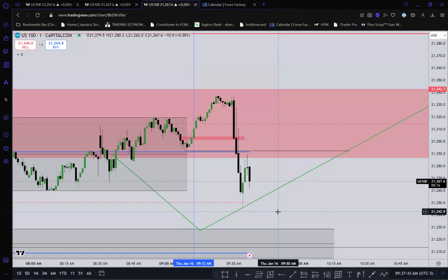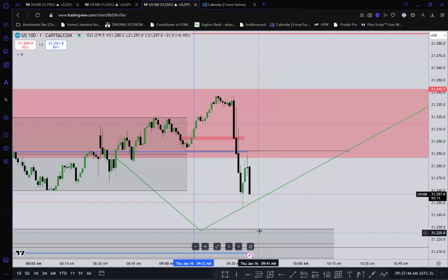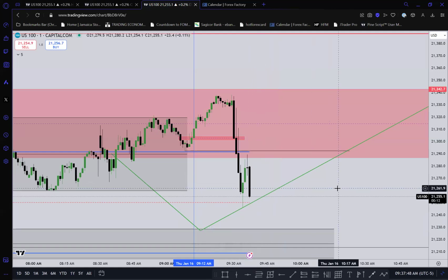M1 is dancing, but I trust that the order block is stronger. Oh, there's my 20 points, and let me end the recording.